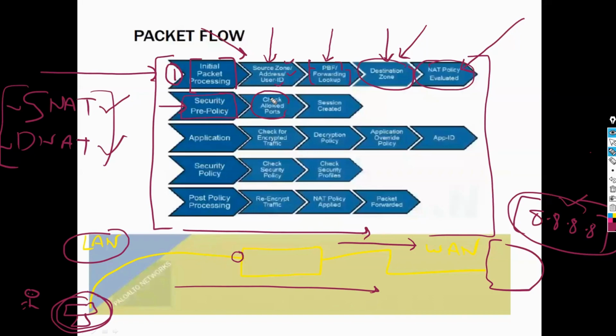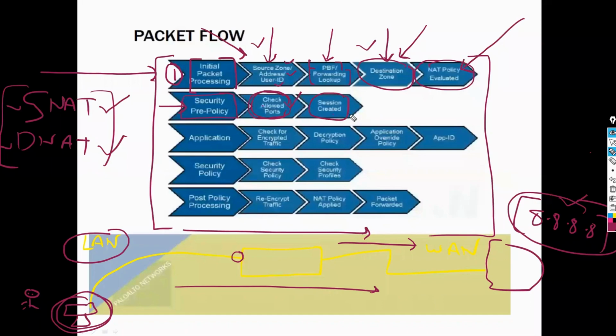In the security pre-policy, the Palo Alto firewall will check allowed port information as per the source and destination zone. Firewall will verify if any port or service is allowed. If the port and service are allowed, it will check the port and create a session.